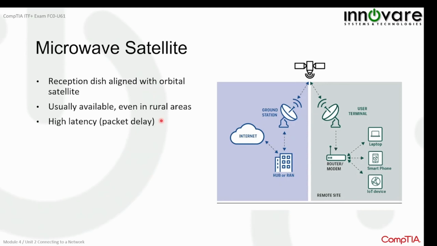And then when it comes to performance, there's what's called high latency. When we say high latency, this is the transmit time or transmission time or response time. There is what's called packet delay because imagine the satellite is in Earth's orbit, at least 22,000 miles if I remember it right.